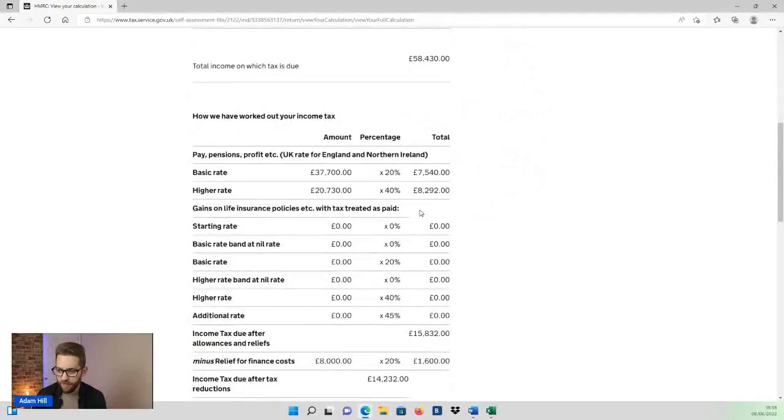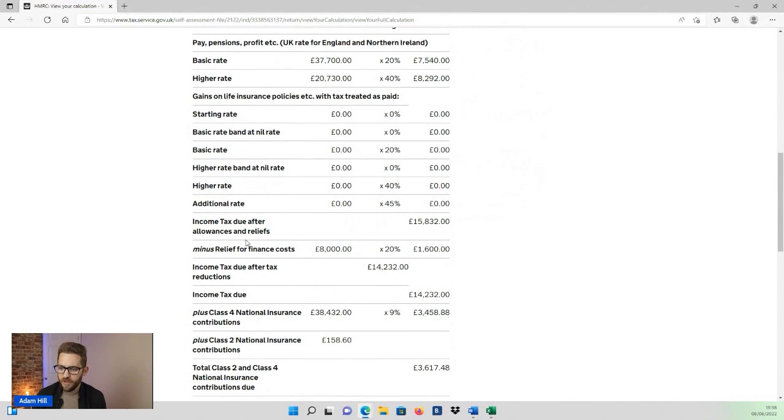And scroll down the page a little bit further, you'll see here a deduction of £1,600, which is basic rate tax, 20%, applied to our £8,000 of financing cost. Okay, so that's where it's being applied. For most people, you're going to get the same tax relief you would have got if that £8,000 was an allowable expense.